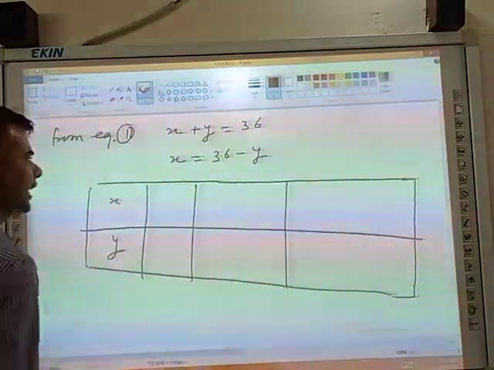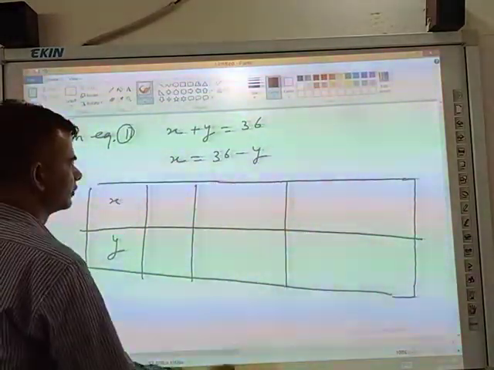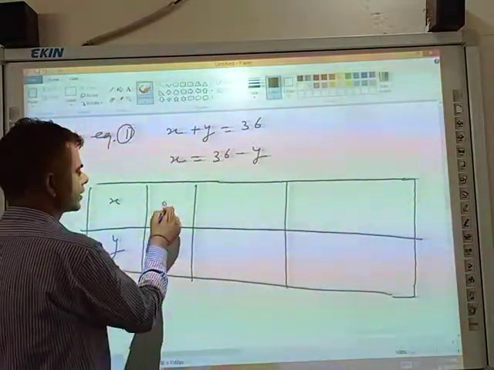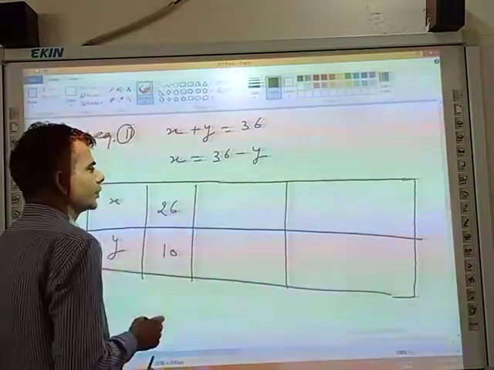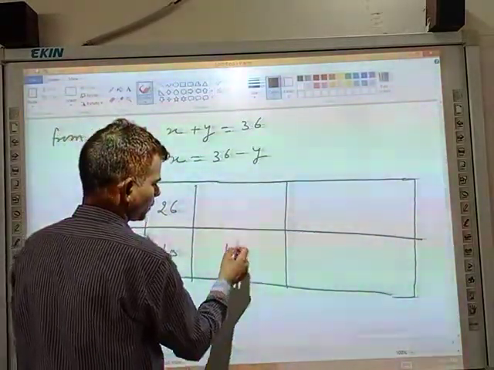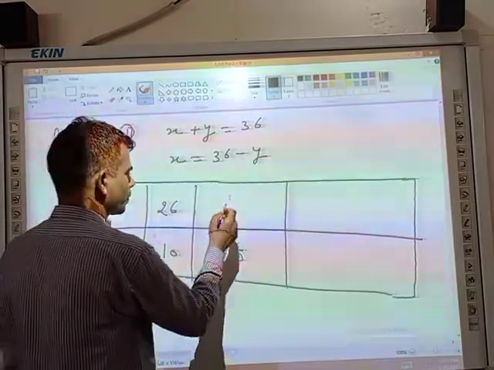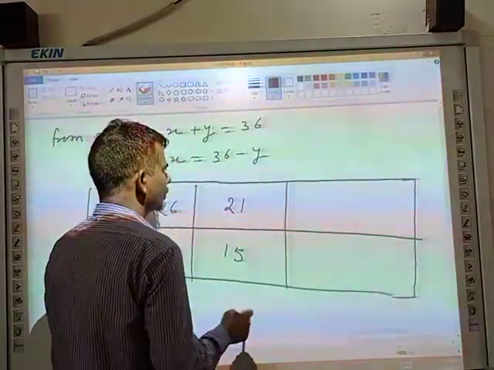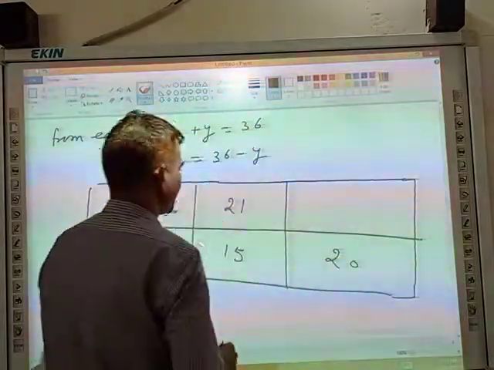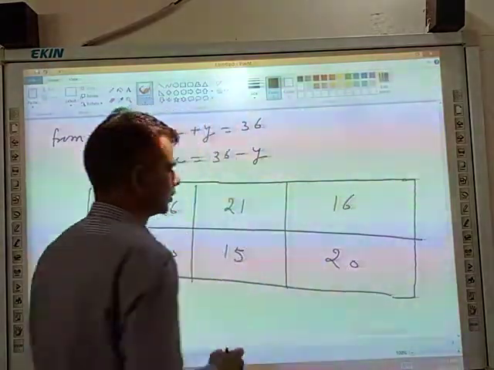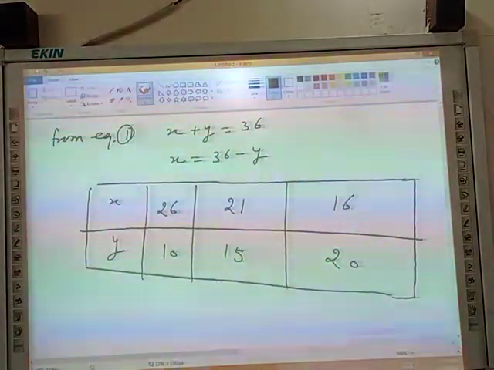Now students, if y is 10, x is 26. If y is 15, x will be 21. If y is 20, x will be 16. Okay, note down these points.